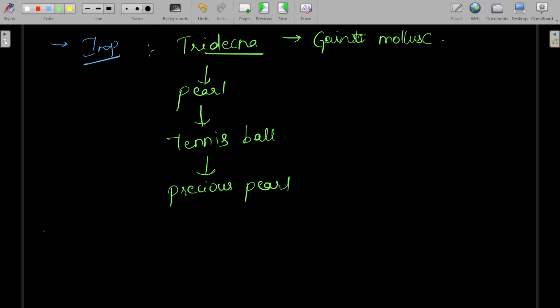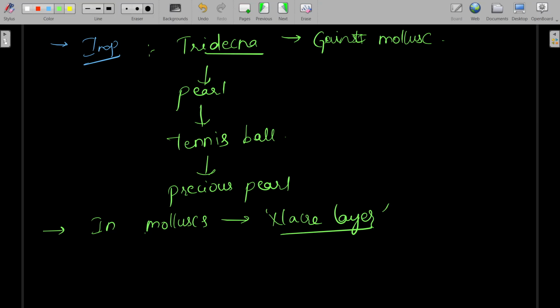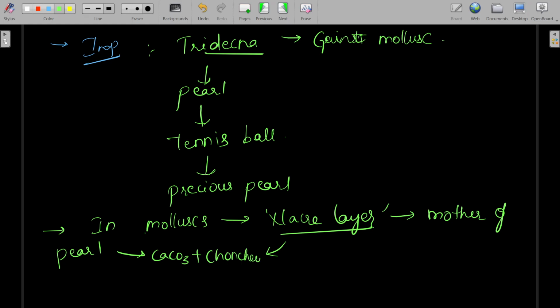The other point is the nacre layer in mollusks. This is a special layer seen in mollusks. This is the mother of pearl. The nacre layer is made up of calcium carbonate plus conchiolin, which is a protein.